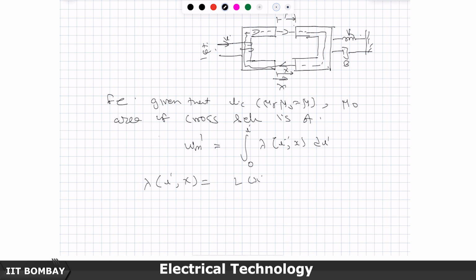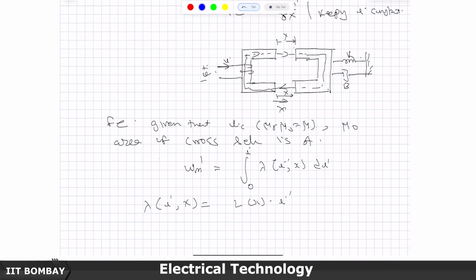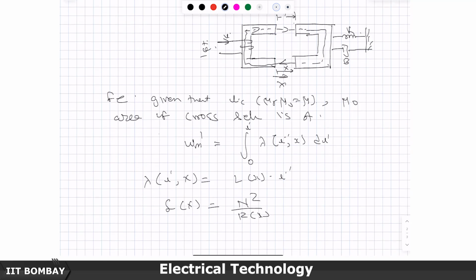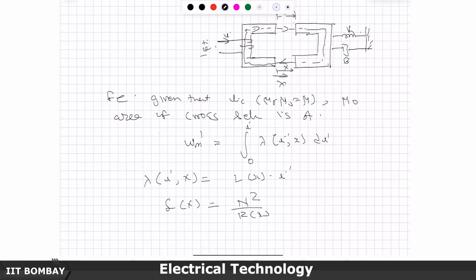I can write it as L(x) times I dash. Anyway, it is a linear material, mu is constant, mu naught, mu r is constant. So, I need to calculate inductance. The inductance depends upon the reluctance of this path. Let us say this has N square turns here. Then the inductance L of x will be N square by R of x.